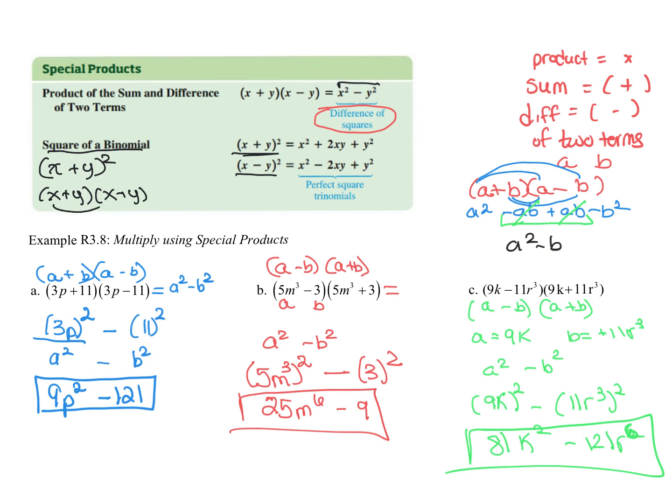So when you FOIL, you get x times x is x squared, x times y. I always write them in alphabetical order. Y times x, but again, alphabetical order, so I'm going to write xy, because 1 times 2 is the same thing as 2 times 1. And then y times y. Then these two combine, y times y is y squared. These two combine, so you get x squared plus 2xy plus y squared.